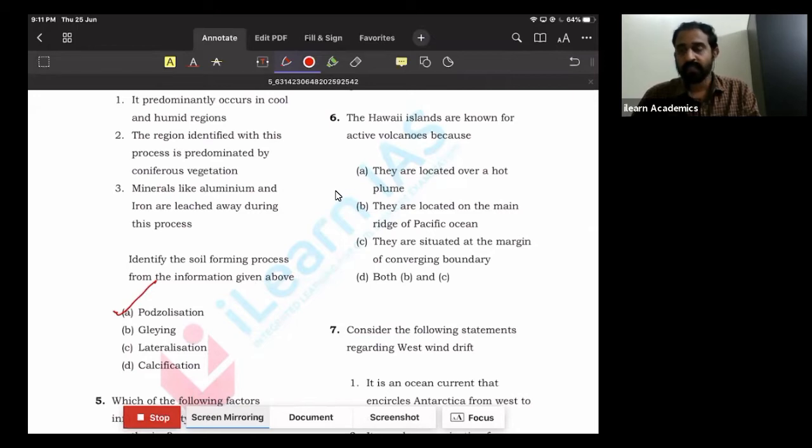This is actually an area where you have to be very clear, because you might get confused with the fact that Hawaiian Island being located in the Pacific Ocean is associated with the Pacific Ring of Fire, which is not true, because Hawaiian Islands are not located along the continental margin, rather it is located within the Pacific plate. So it is intraplate, not at the margins of a continent.